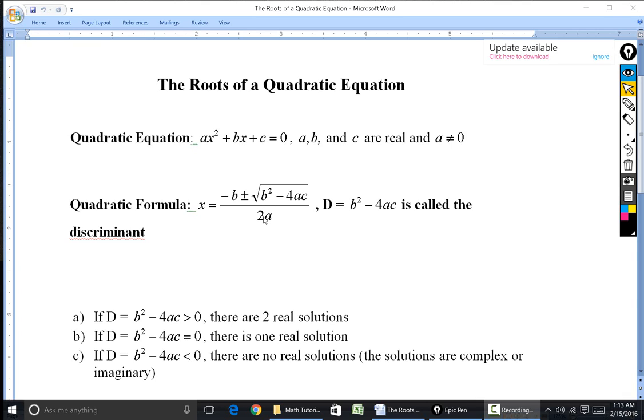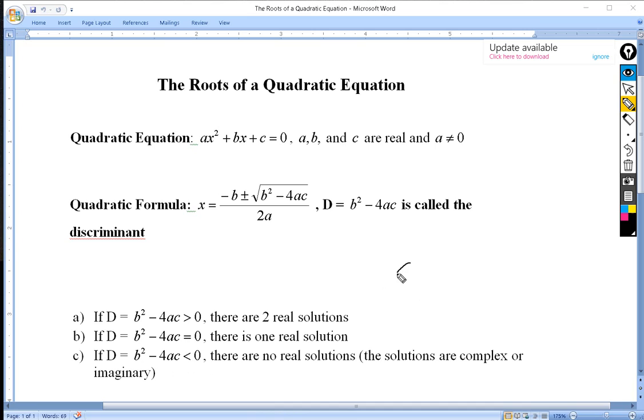And like I said before, if the b squared minus 4ac is equal to 0, there is one real solution, as I pointed out. Now, if it turns out that this b squared minus 4ac is less than 0, then you have no real solution. The solutions are complex or imaginary.